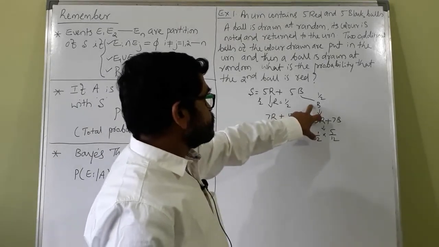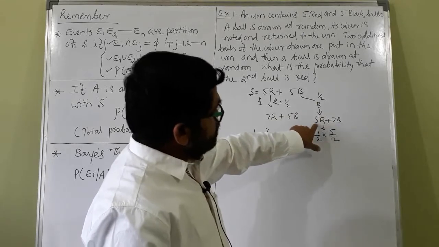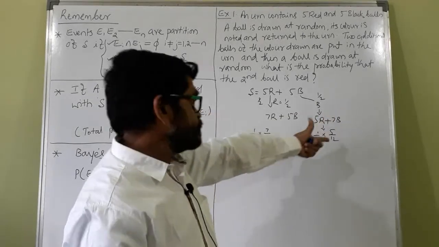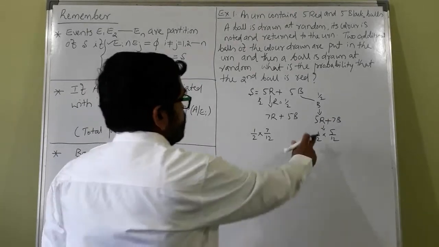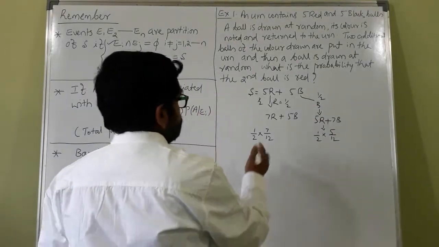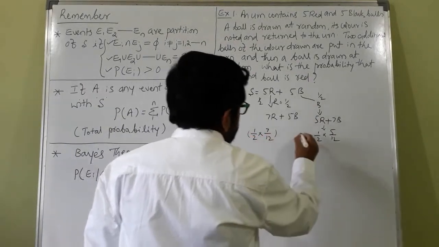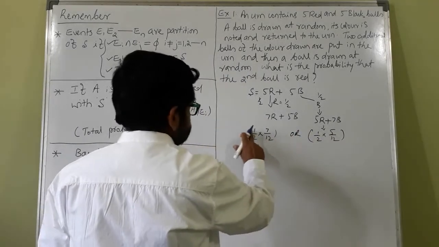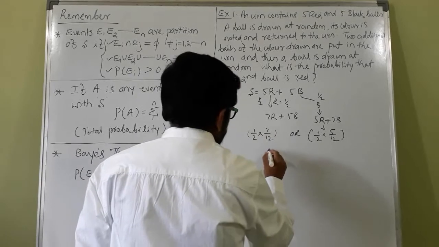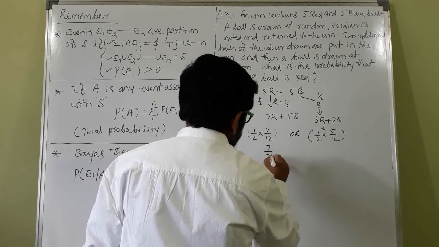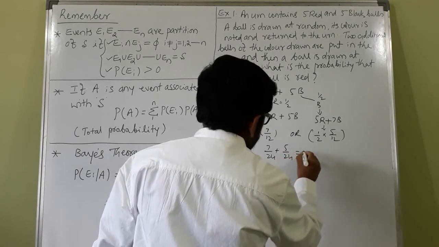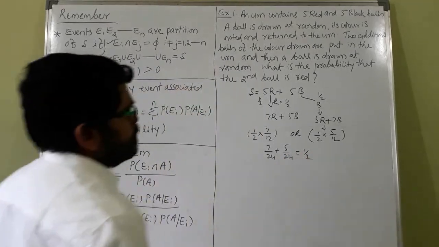If it is black, then the red ball number remains the same, whereas black balls increase. So half into 5 by 12. Either this may happen or this. The probability is 1 by 2 into 7 by 12 is 7 by 24, plus 5 by 24, or that is half. You got it?